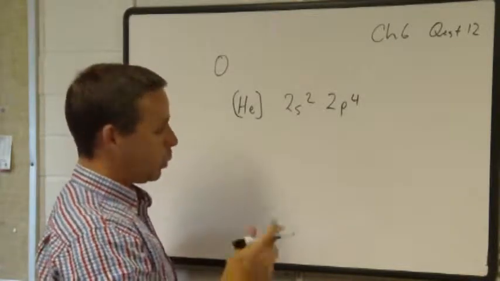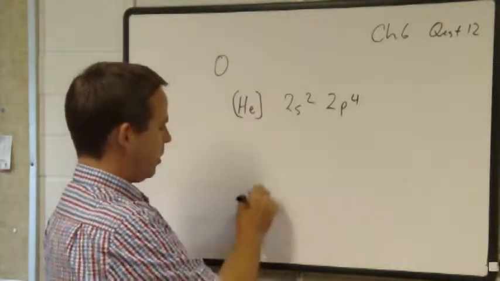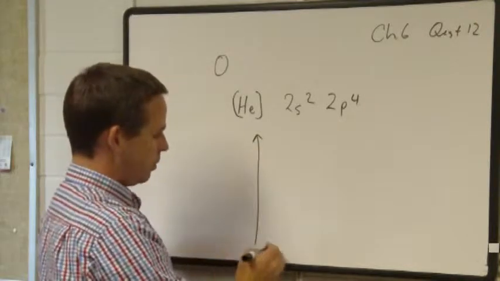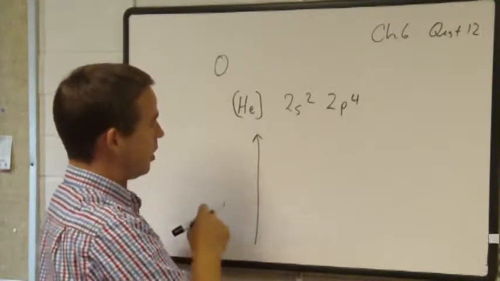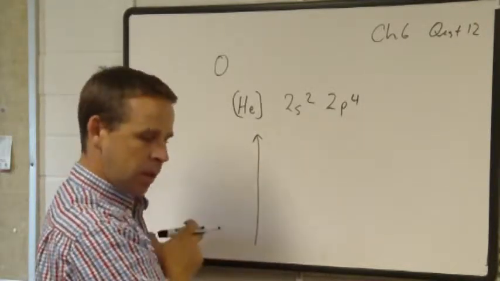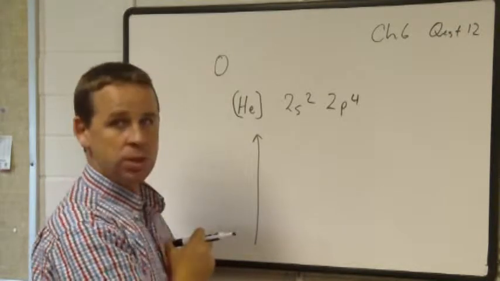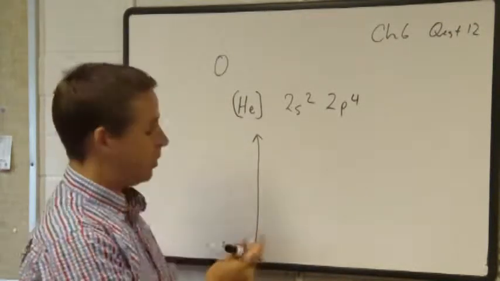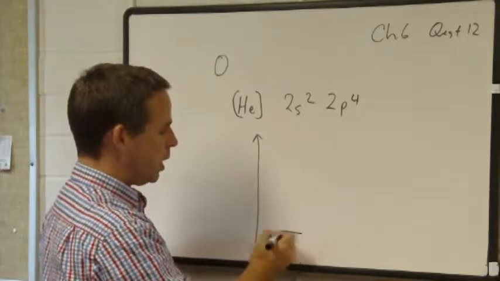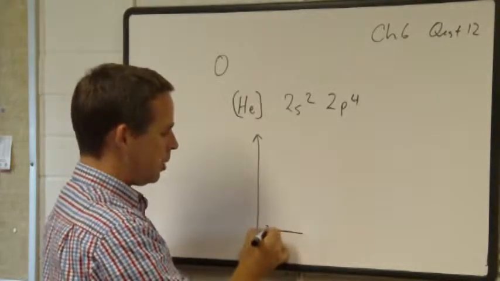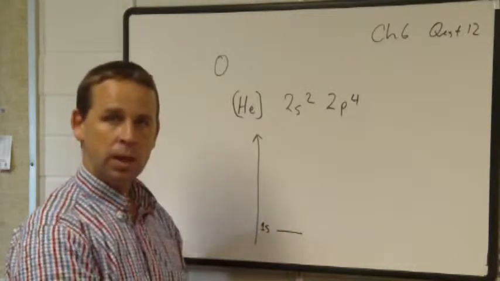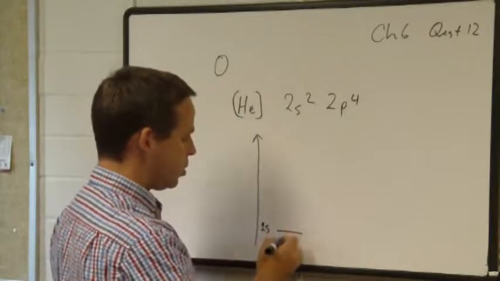But we'll draw the whole orbital diagram for everything. So here's how you draw the orbital diagram. You start off with the electrons that are here. Now, helium has a 1s2 electron configuration. So we draw a little line, and we can label it 1s. It represents the 1s, and the 1s holds 2 electrons.